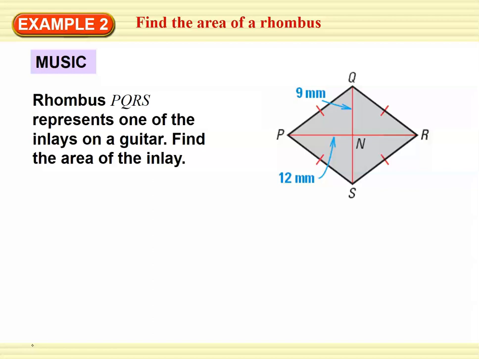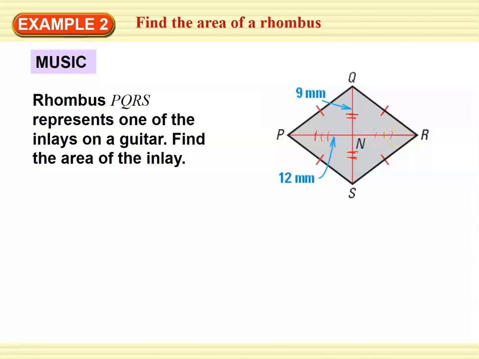Okay, sometimes you will be given the whole diagonal, sometimes you'll be given just one section of it. Now remember, since rhombuses are a type of parallelogram, the diagonals bisect each other, so we know that's the same as that, and then this one right here is the same as this one right here.